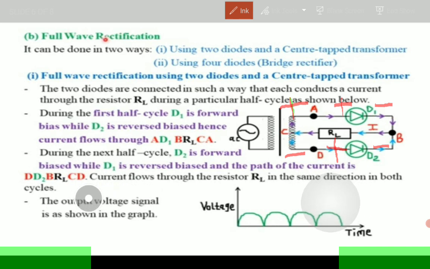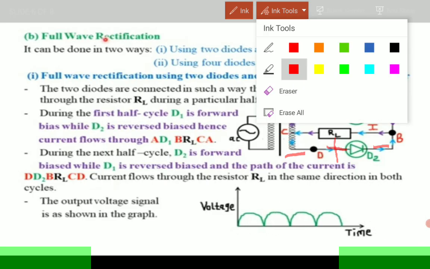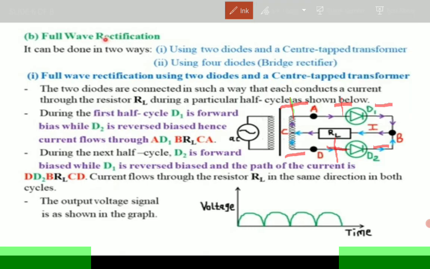After rectification is done, the current is going to behave like this. The wave that will be shown, the output voltage signal, will be shown like this. The part that has been removed by the two diodes is this part here, the lower part. Take note of that.